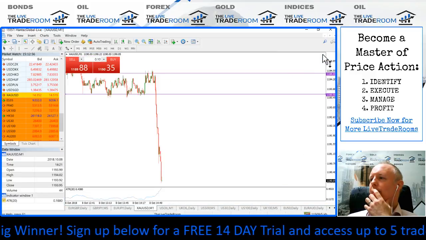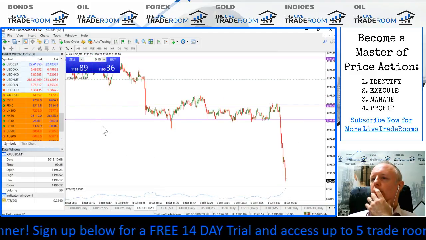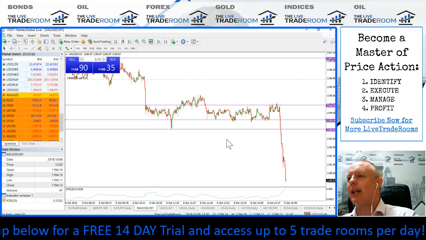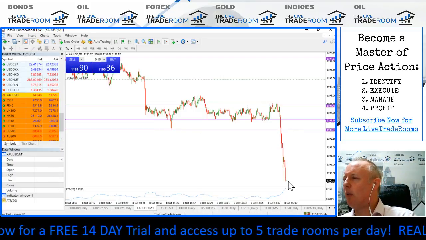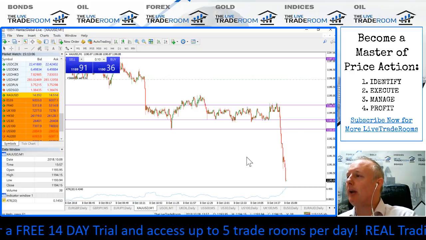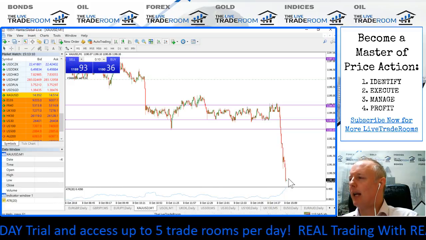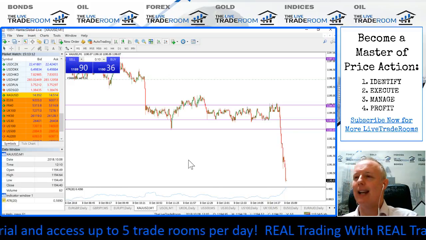Now again, at the very minimum, we'd want to consider pullbacks, and that would mean this market pulling back to the 1193 level. That might be a tough ask now that we're at the 1190 level.